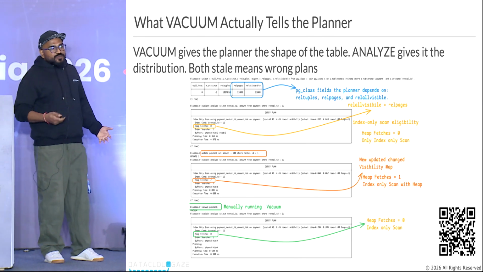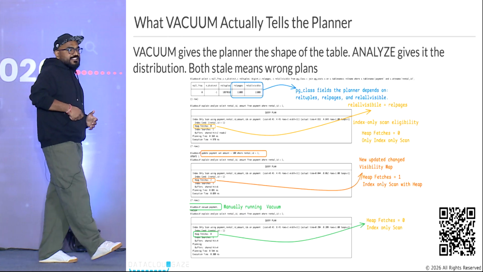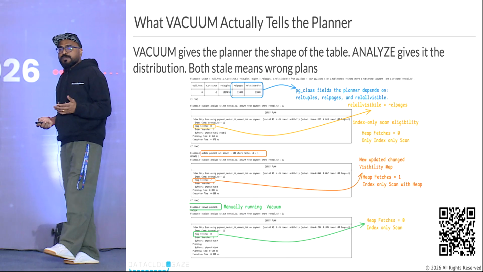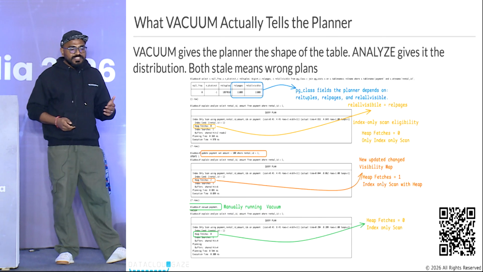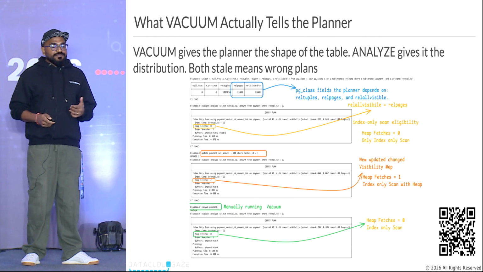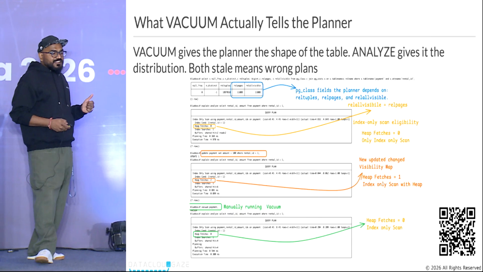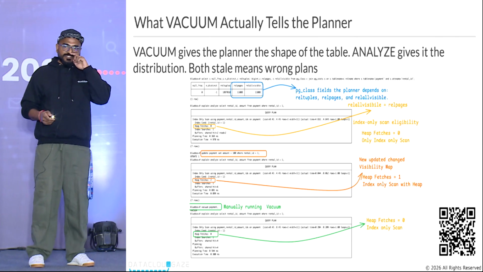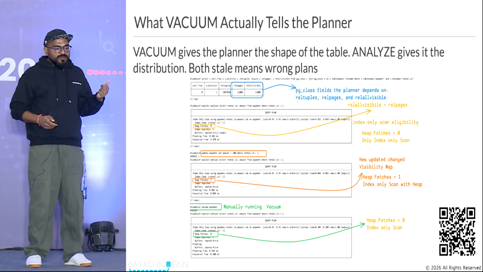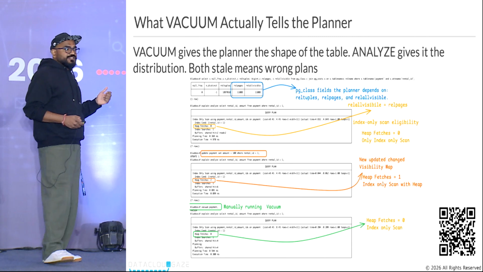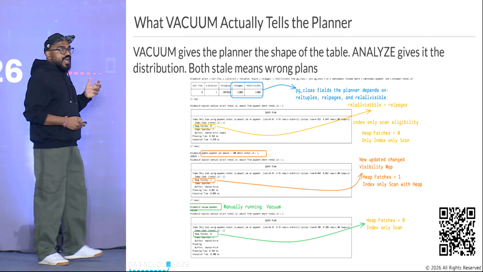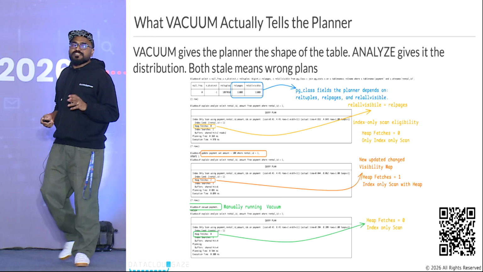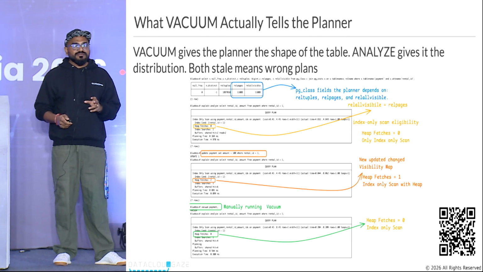Now, in most cases, we want to understand that it's not only analyze that plays a very important role in deciding what is a good plan. Vacuum also has an equally important role. If you look at the example that we have done, there are 3 components that come into the picture, which come from pg_class in Postgres: how much is your reltuples, what is your relpages, and how visible every tuple in a page is to your active transaction and future transactions.